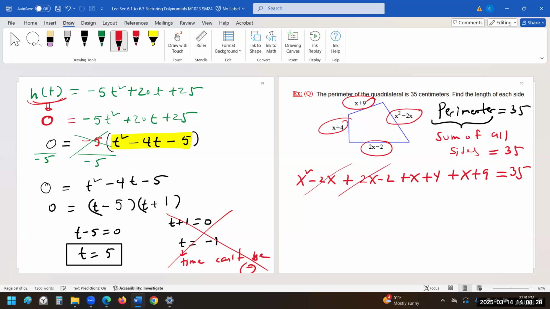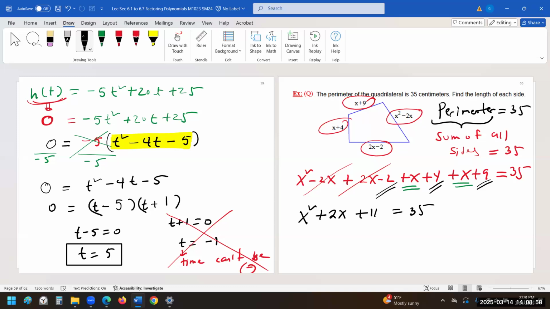So plus 2x minus 2x cancel out. We subtract 35 from both sides. Actually, we're going to do it later. We have x and x, so we have 2x. So we have x squared plus 2x. We have minus 2 plus 4 plus 9. 4 minus 2 is 2. 2 plus 9 is 11.